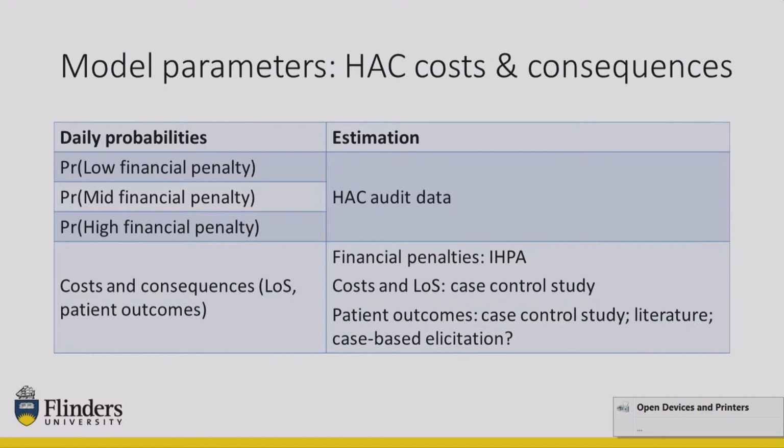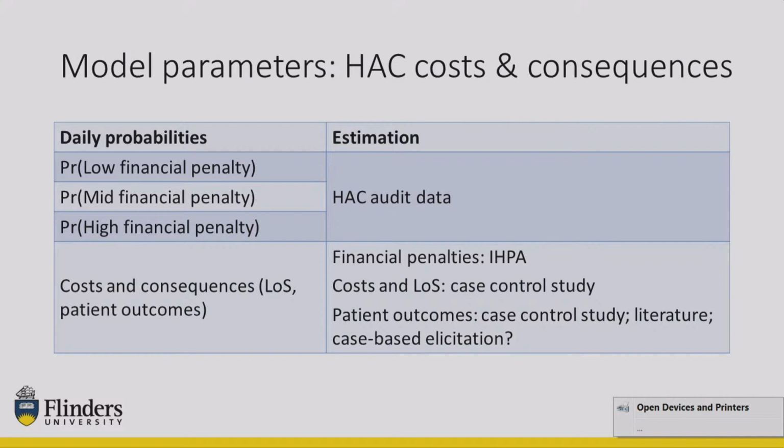So the actual financial penalties, well, they're provided by the Independent Hospital Pricing Authority. To estimate costs incurred within Salin and also additional length of stay associated with hypoglycemic events, we might undertake a case control study.